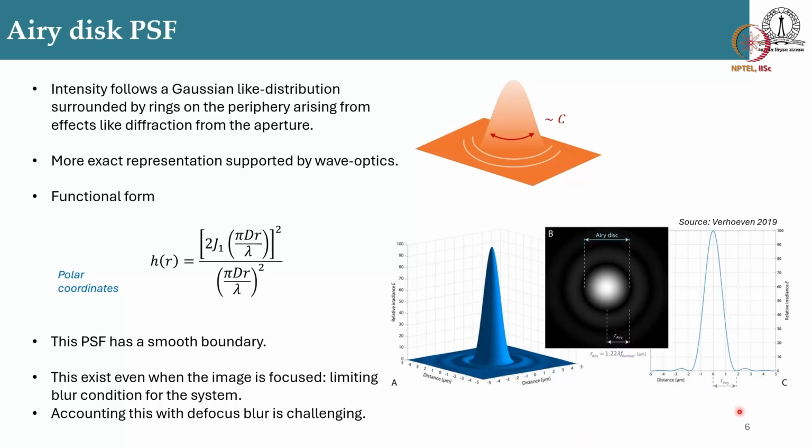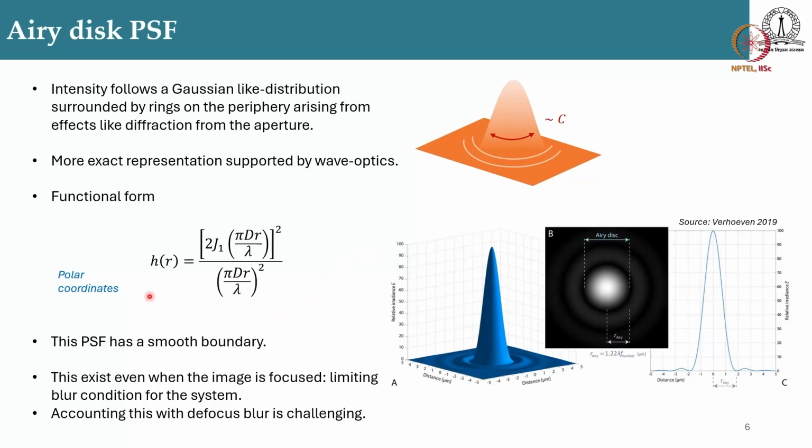Those are actually an artifact of diffraction. So this is a more exact PSF based on wave optics. Gaussian is just an approximation for the central dome of this, and we assume that the ripples or rings around are weak. So that's why the Gaussian PSF, although it is very efficient, is still an approximation.